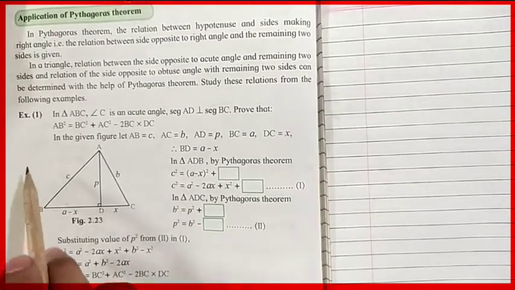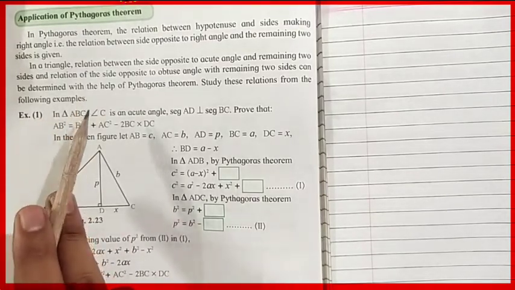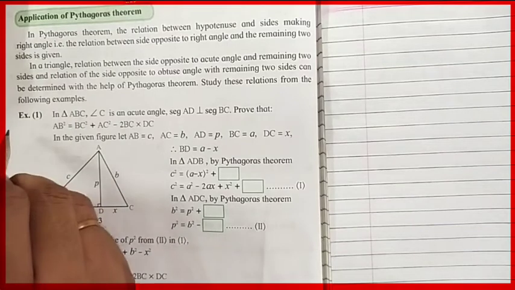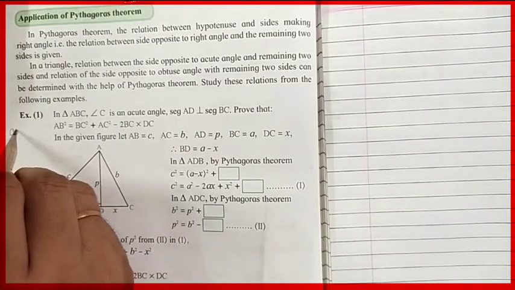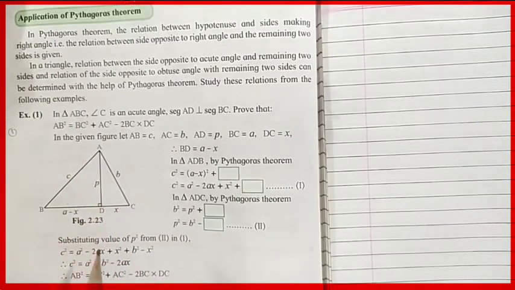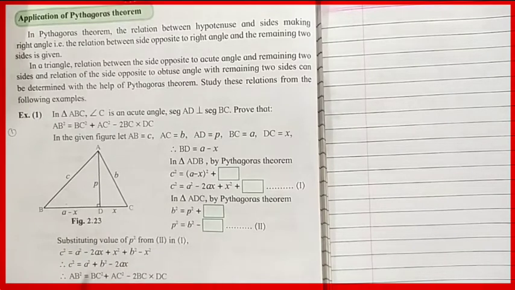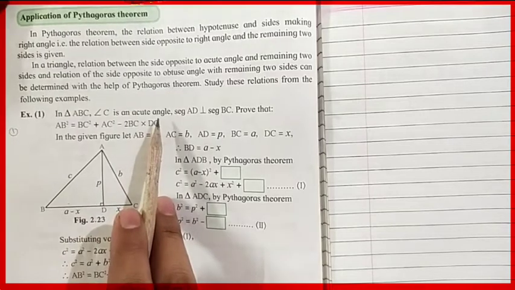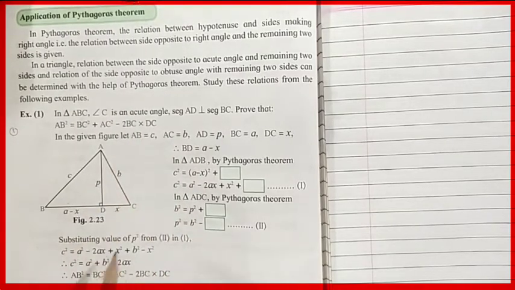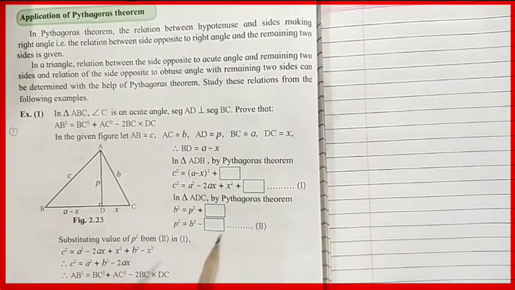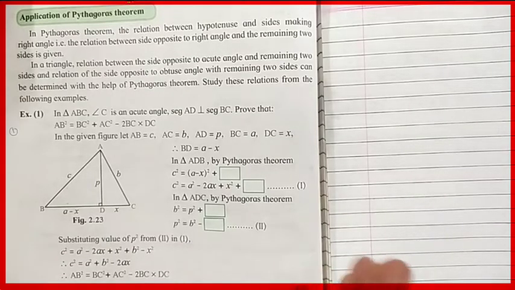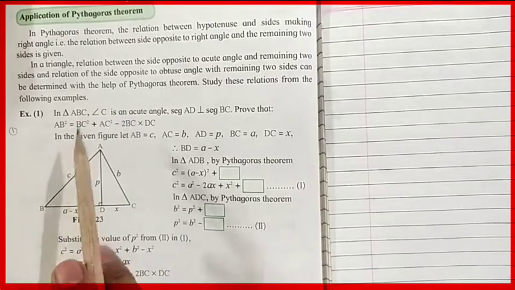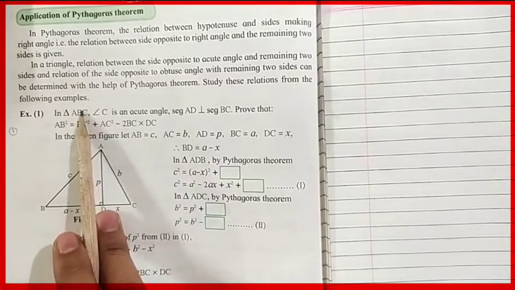We have the first example to understand the first application of Pythagoras theorem. It applies on acute angle triangles only. Any angle in the triangle has to be less than 90 degrees, then we will apply the first application of Pythagoras theorem.